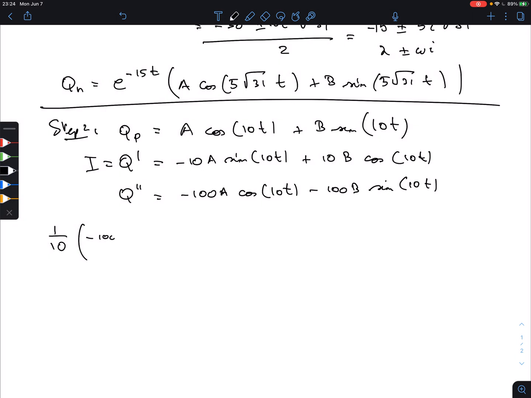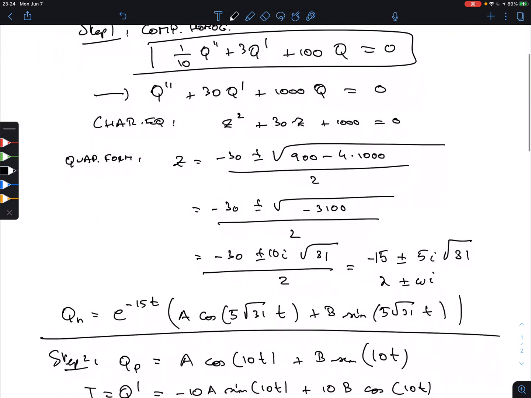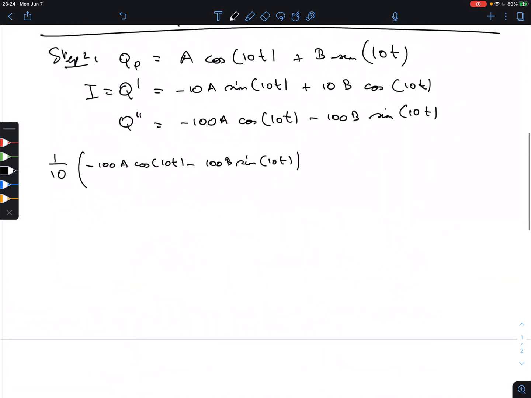We just copy everything: minus 100a cosine 10t minus 100b sine 10t. And then the next coefficient is 3, plus 3 times q prime: plus 3 times minus 10a sine 10t plus 10b cosine 10t.